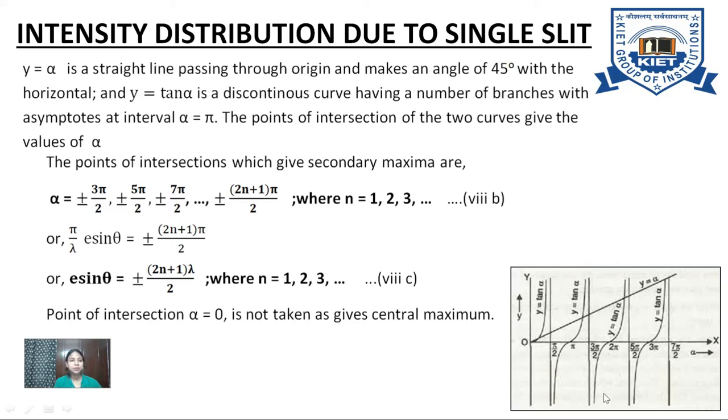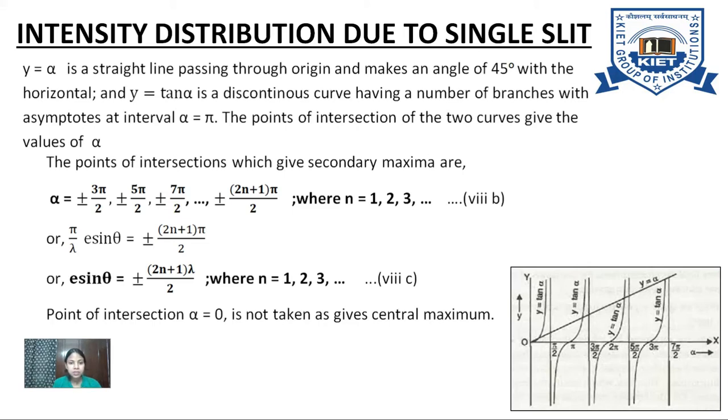If you see from the figure here, y equals alpha is a straight line which passes through the origin, and it makes an angle of 45 degrees with the horizontal. And y equals tan alpha is a discontinuous curve which has a number of branches with asymptotes at intervals of pi. The points of intersection of the two curves give the values of alpha.